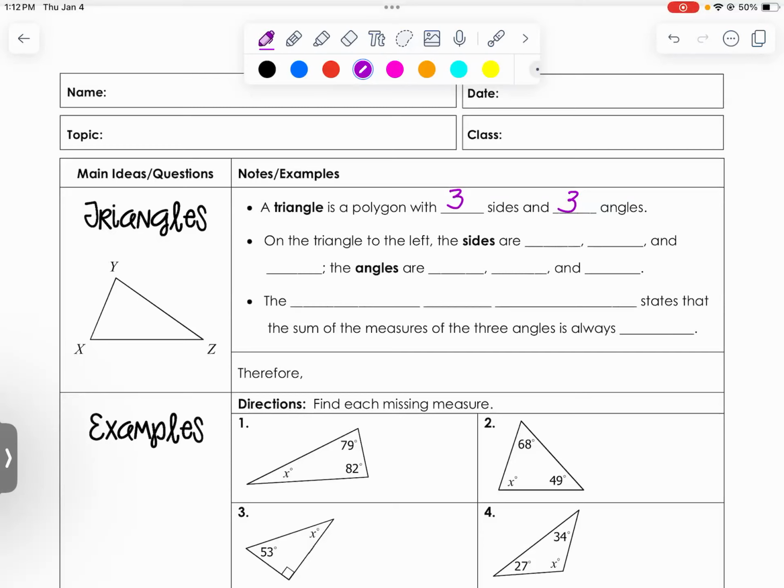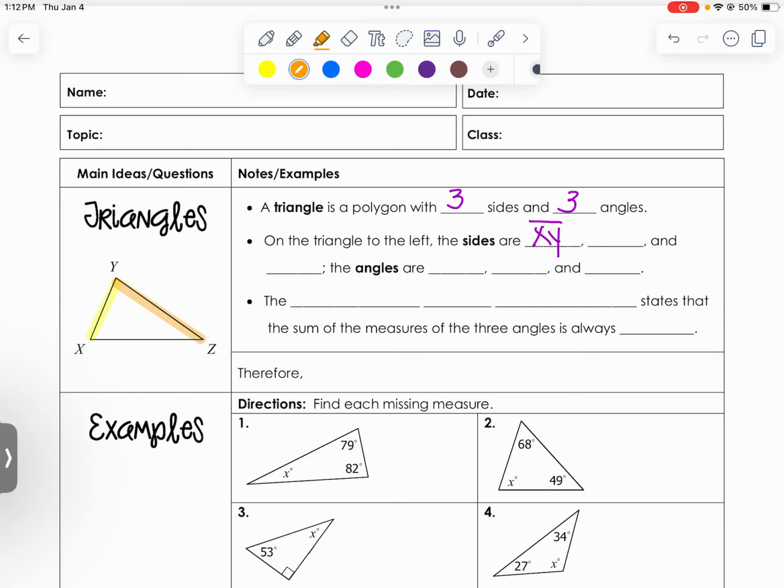When we name the sides, we have to use 2 letters so we know which side we're talking about. So this side that I highlighted in yellow, what 2 letters make that side? Okay, so I'm going to call this side XY, and I'm going to put a little line above it because that means it's a segment, it's a side. What about this side?